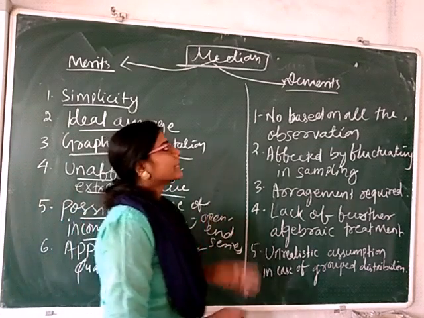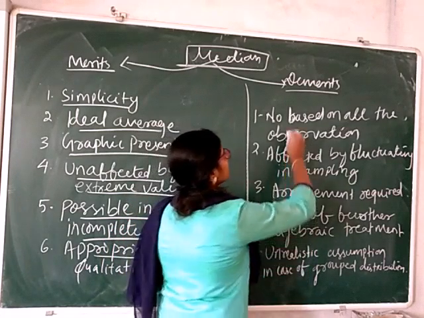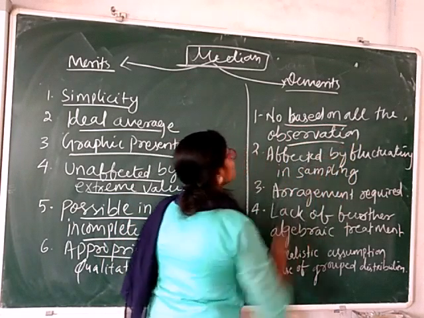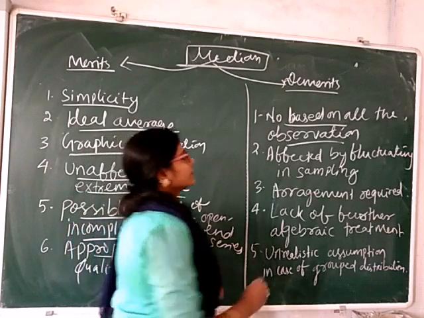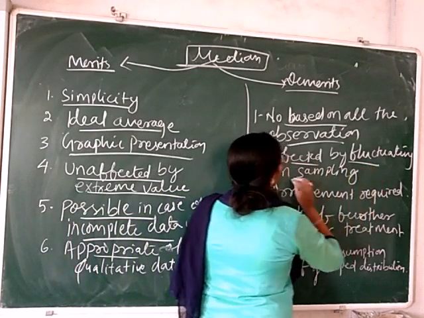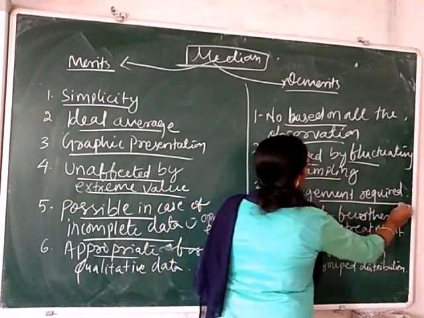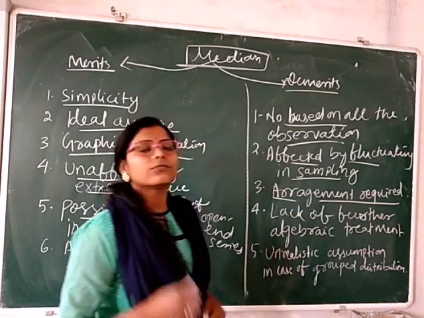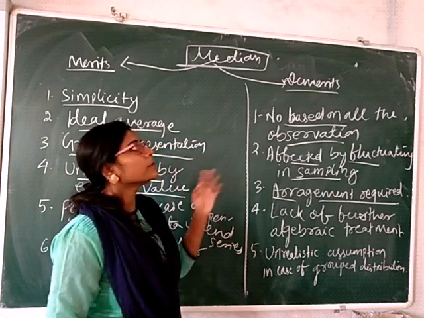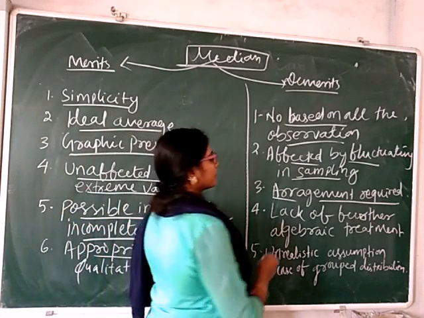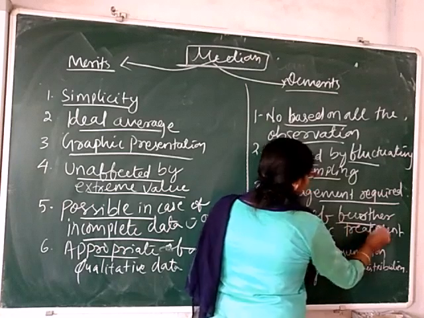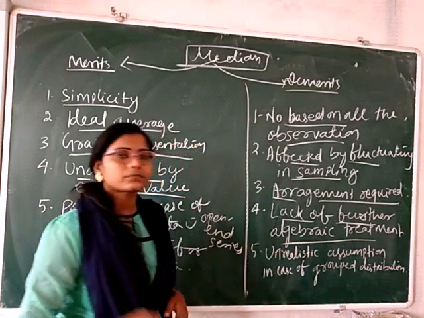Next we discuss some demerits. The first demerit is that the median is not based on all the observations. Second, it is affected by fluctuation in the sample. Third is arrangement required. When we calculate the median, first we arrange the data, so this is a demerit of the median. The next is lack of further algebraic treatment.